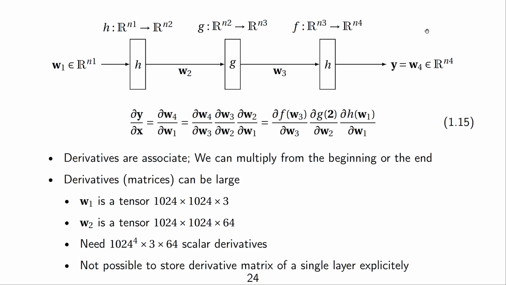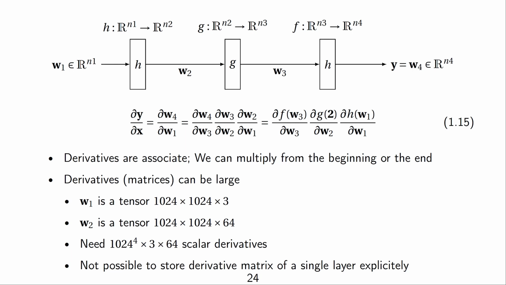That means when we are now backpropagating derivatives or gradients, we will only need data structures that are the same size as the data structures that are used to propagate information forward.